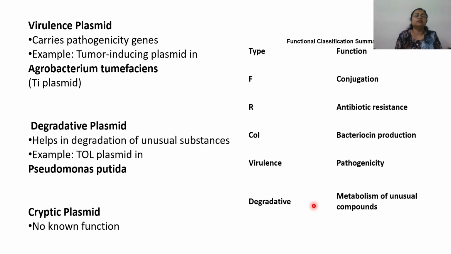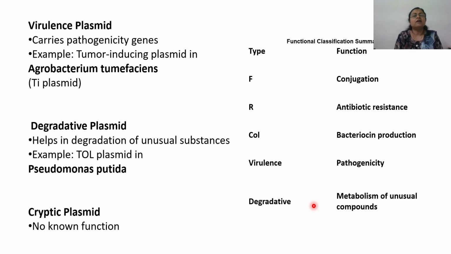Now, another type based on function is the virulence plasmid. Organisms which possess a virulence plasmid carry pathogenicity genes, meaning that the organism possesses disease causing ability. For example, tumor inducing plasmids, which are present in Agrobacterium tumefaciens, are known as Ti plasmids.